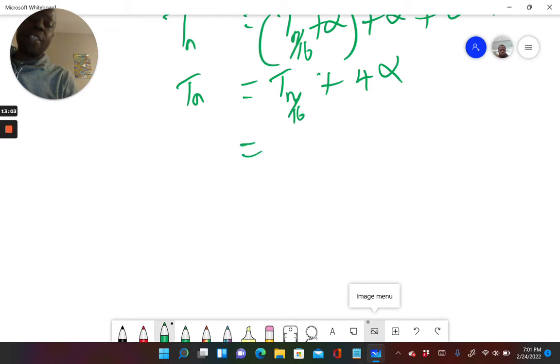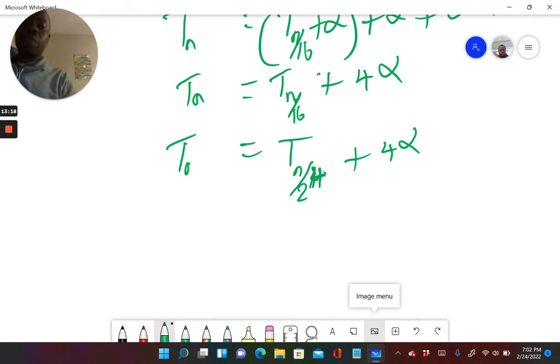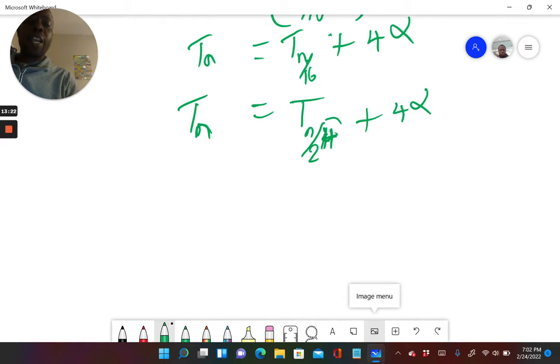And this is the same thing as T(n/2^4) plus 4 alpha. Right? Now, if you have 4 here, you must have 4 here.